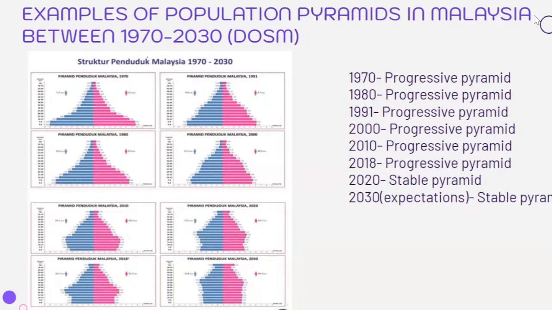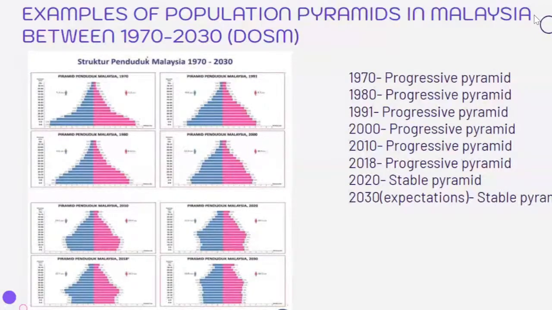For example, in 1917, 1918, 1991, 2000, 2010 and 2018, Malaysia experienced a progressive type of population pyramid. Meanwhile, in 2020, the pyramid becomes balanced, where Malaysia will experience a stable population pyramid.